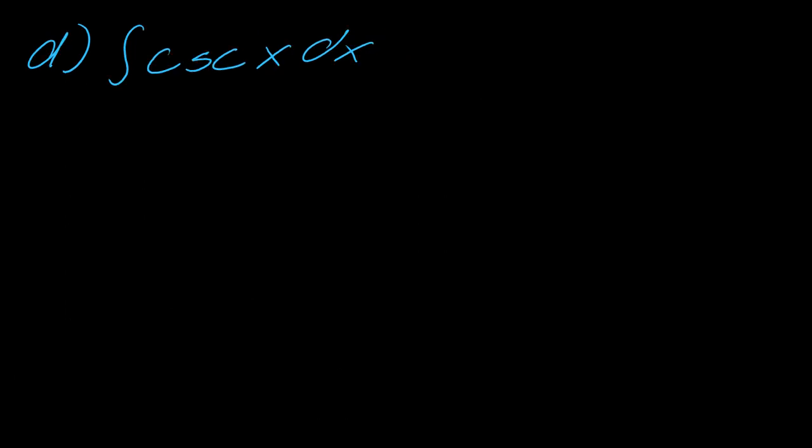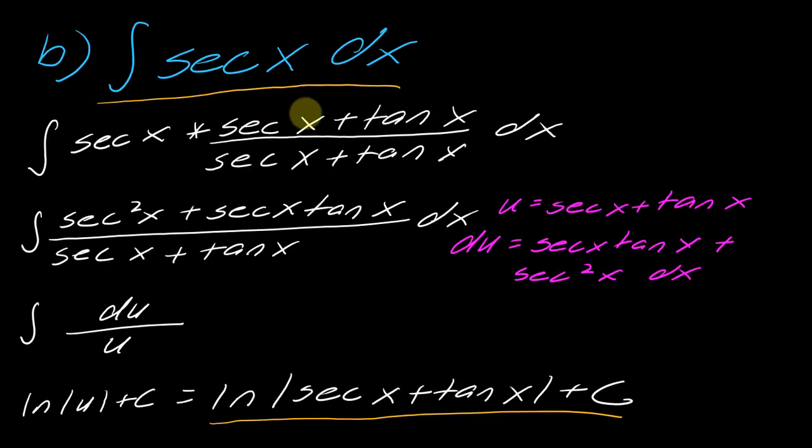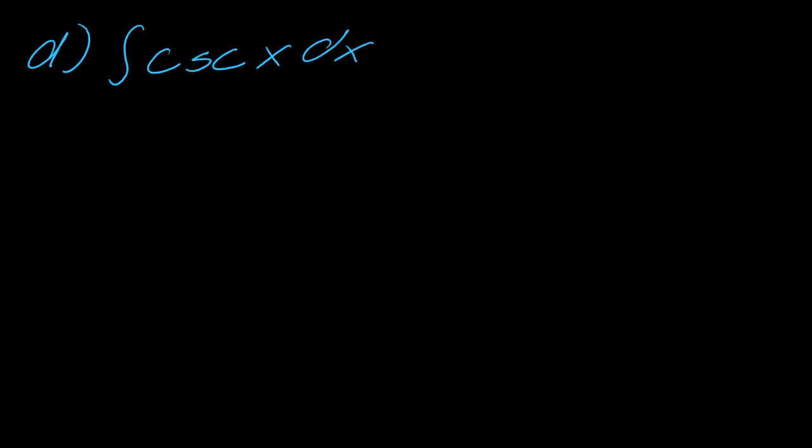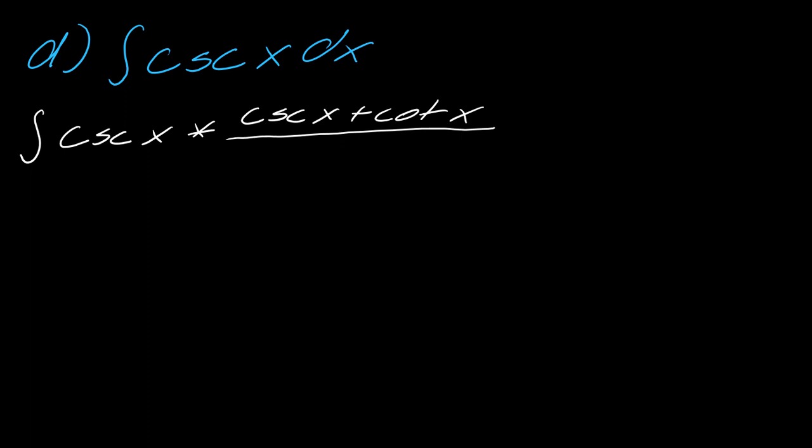And then for cosecant, it's also going to be very, very similar. So instead of multiplying like we did here, secant x plus tangent x, now we're going to flip it to cosecant x plus cotangent x. So I'll just go ahead and set this up. I've got this times cosecant x plus cotangent x, and then this will be cosecant x plus cotangent x.